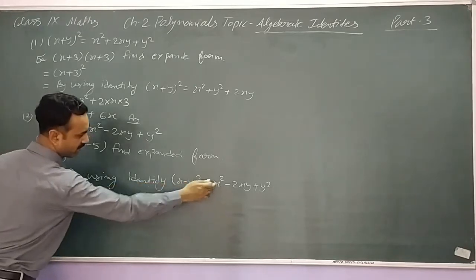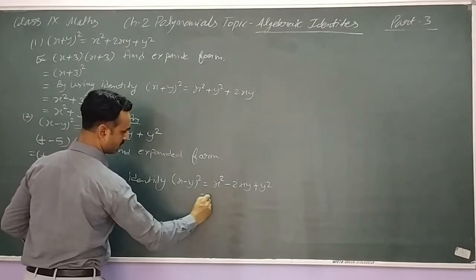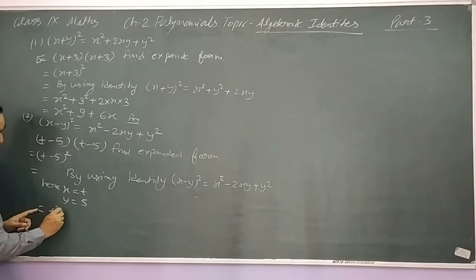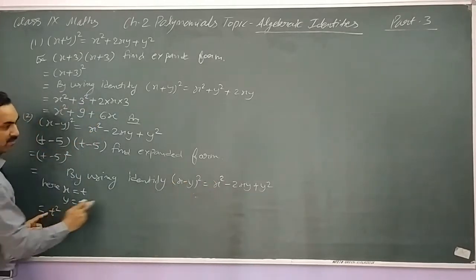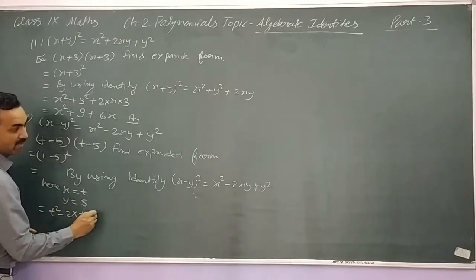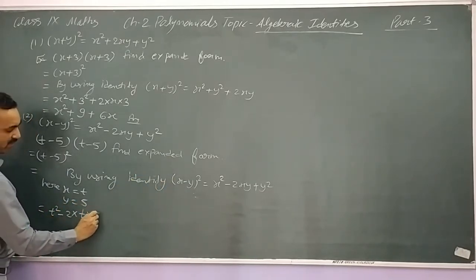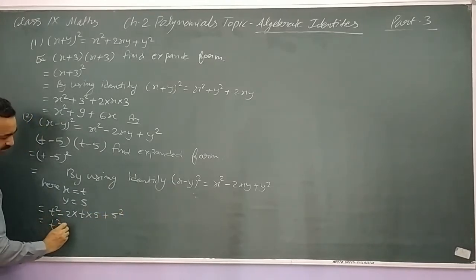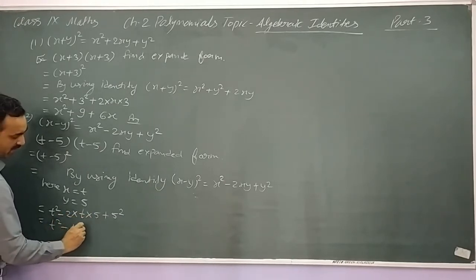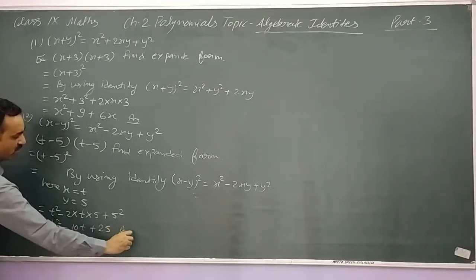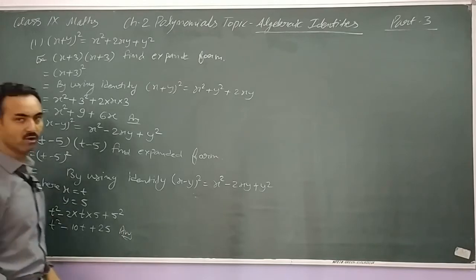So x square means t square, minus 2 into x, x is t, multiply y, y is 5, plus y square, 5 square. So t square minus 2 fives are 10t plus 5 fives are 25. So this is the expanded form of the given (t minus 5) whole square.